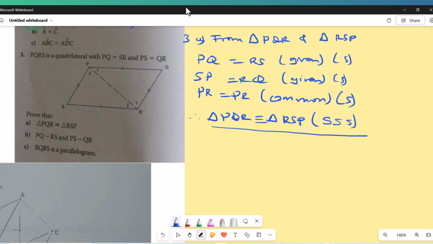I think they want to show that they are equal, that PQ equals to RS, and PS equals to QR. But that's what they gave us here. Yeah, now it's confusing. I don't know what they want here actually. The two dots. What do the two dots mean?